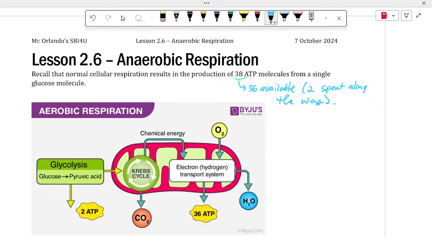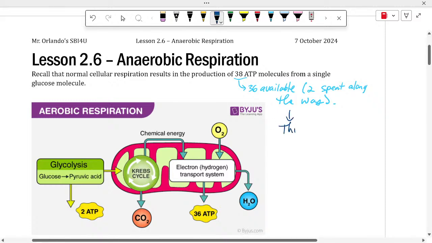But we know that this is under normal conditions. And under normal conditions, this requires oxygen at the end of the electron transport chain. This requires O2 to act as a sink for electrons.